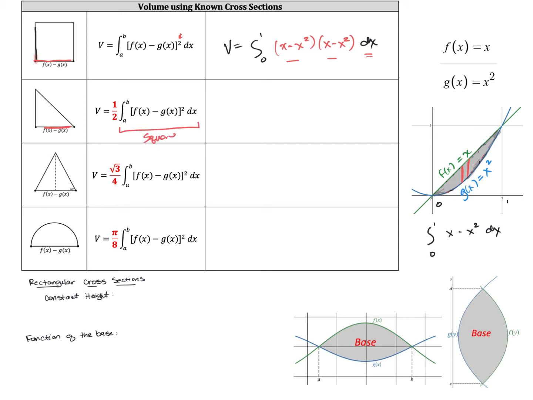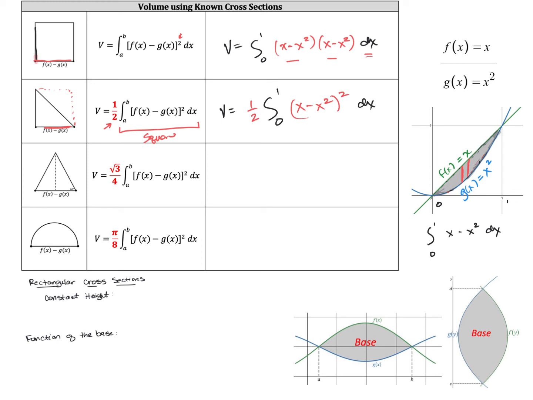Notice that the formula for the isosceles right triangle cross sections says 1/2. And if you think about it, an isosceles right triangle is literally 1/2 of a square. And so your volume is going to be less by half. So the new volume equation is just going to be the same thing and have the half out in front of it. And this time I'm just going to write the x minus x squared dx.